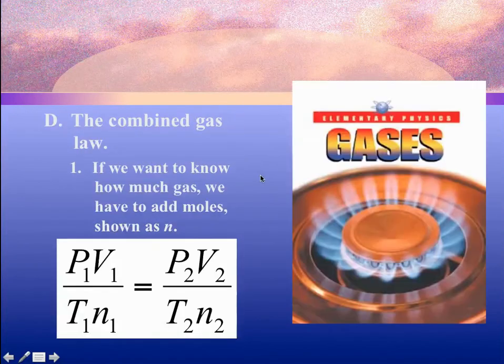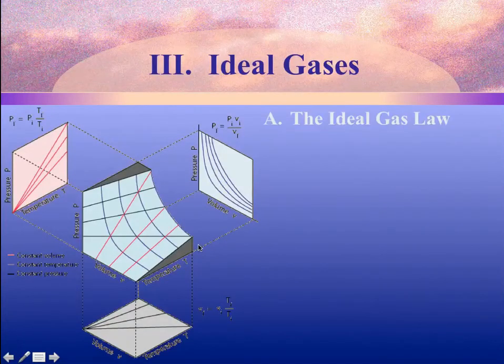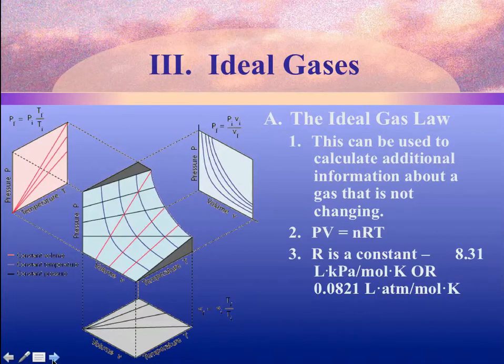Whereas the combined gas law we use for one gas that is changing, the ideal gas law can be used to figure out the state of one gas. If we knew the pressure, volume, and temperature of a gas, we could find out how many moles it has. If we knew everything except one variable, we can find out the last one.